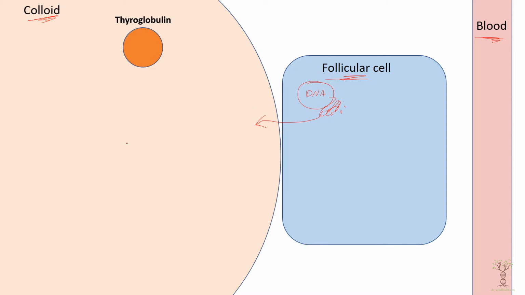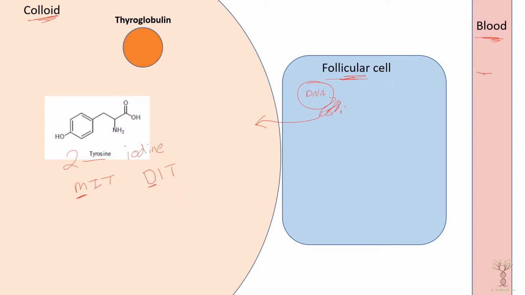Thyroglobulin uses the amino acid tyrosine to produce two molecules. So tyrosine, two tyrosine molecules will combine with iodine to produce a monoiodotyrosine, which has one iodine molecule, or diiodotyrosine, which has two iodine molecules.